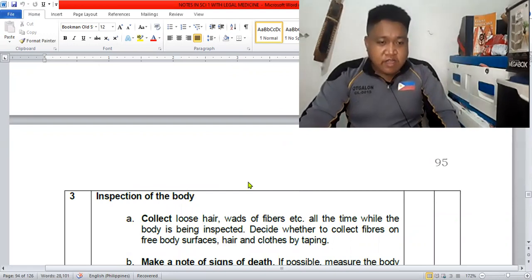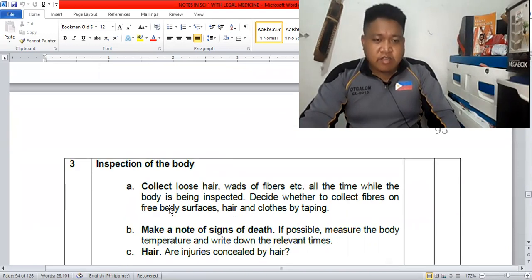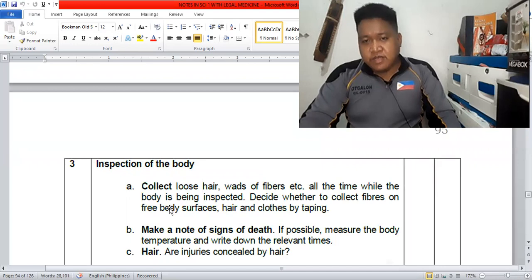So ito yung checklist natin kapag nag-inspect ka ng body. But always remember, when there is an injured person at the crime scene and there is a sign of life, then you have to give him first aid and bring him to the nearest clinic or hospital. But in cases that there is death, then you have to inspect the body.